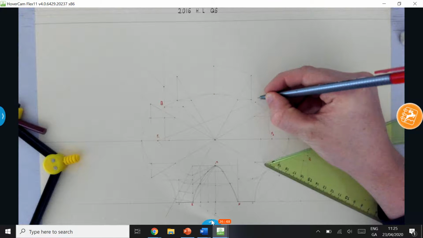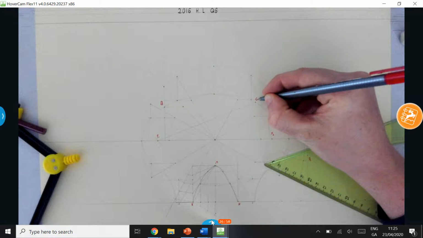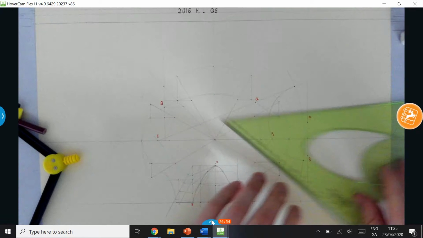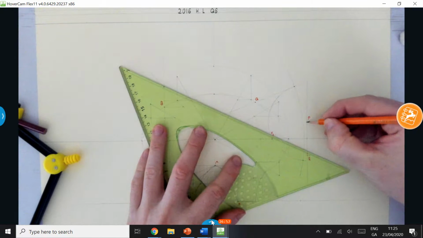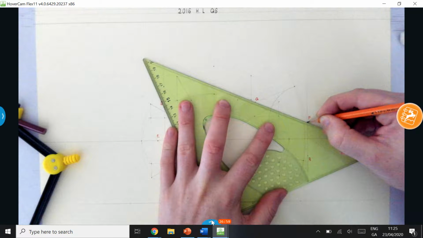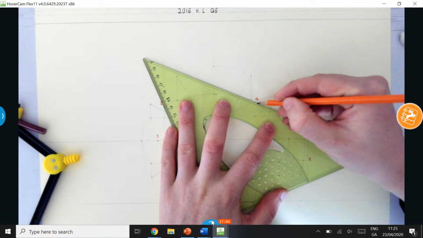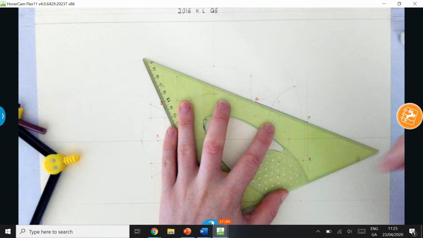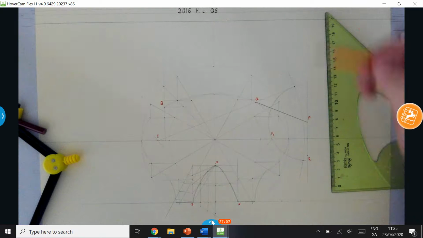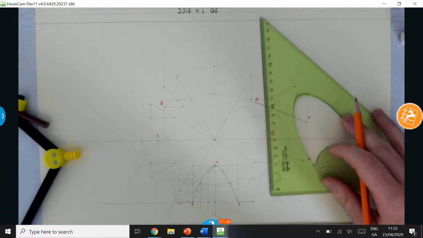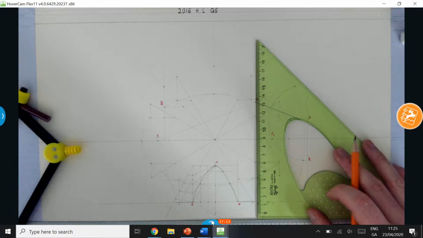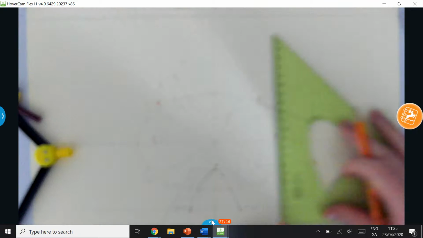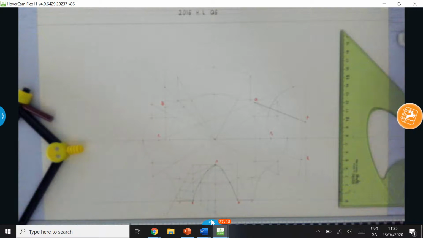This point then is Q. We know that PQ is a tangent. Okay, and we can actually just go vertically down from Q to where it cuts the ellipse to find S, or point S down here.